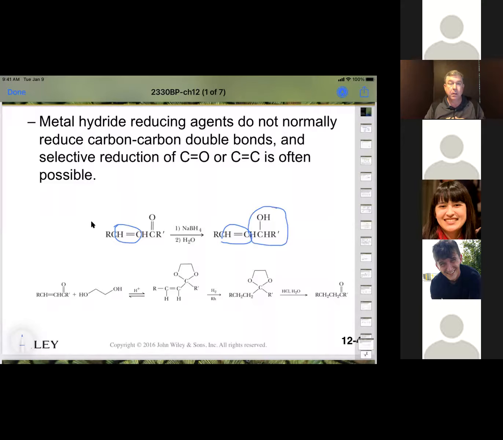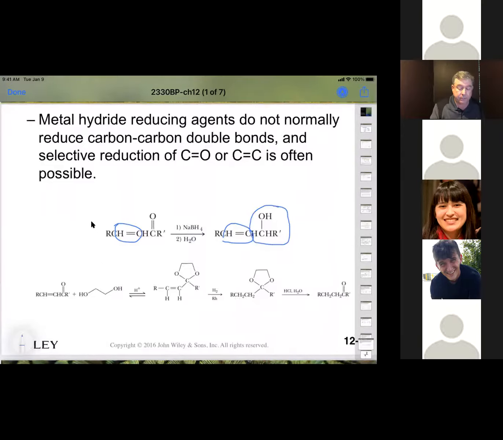Okay. So what if we did want to reduce down the alkene and we wanted to keep the carbonyl? Well, then we have to do that trick with the acetal and protect our carbonyl from acting like a carbonyl.